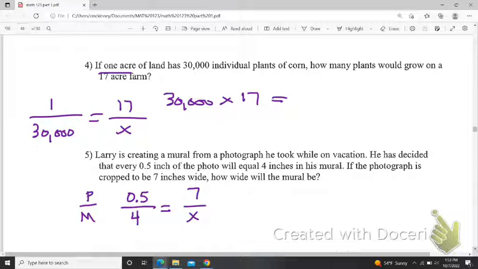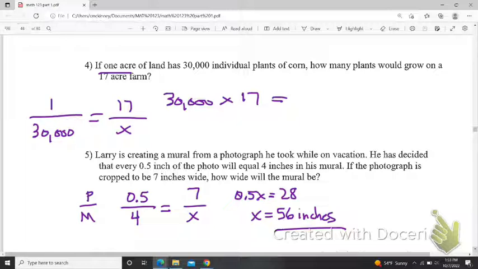So again, I can cross multiply. 0.5x is equal to 28. So when I divide, I get x is 56 inches.